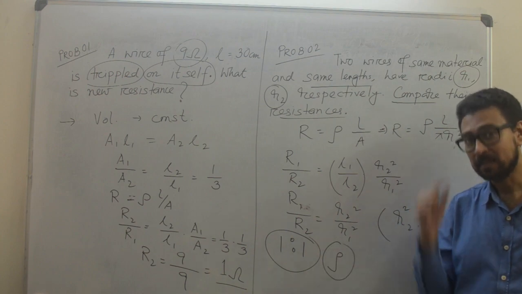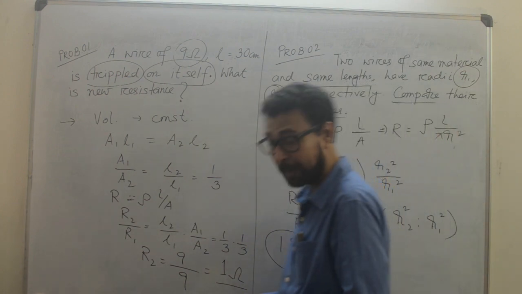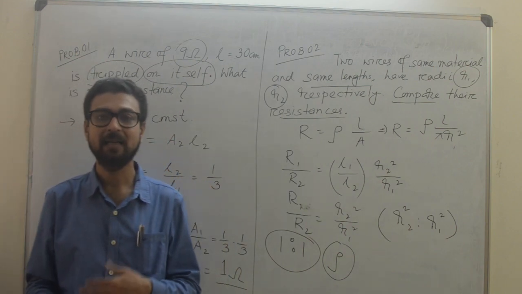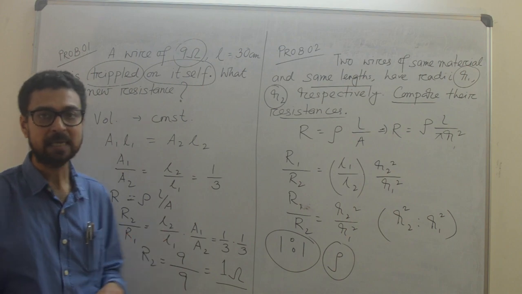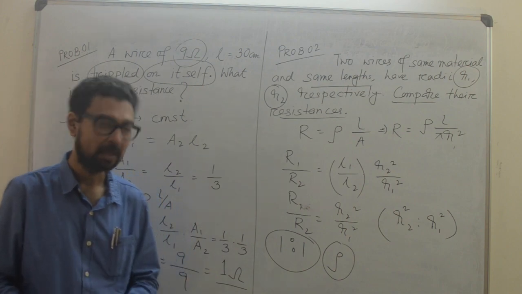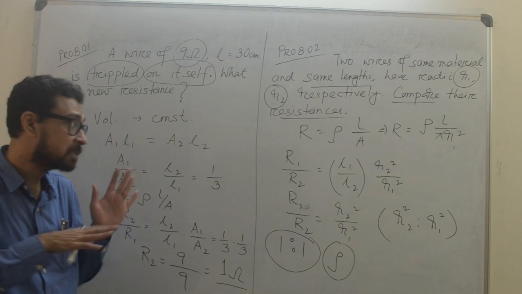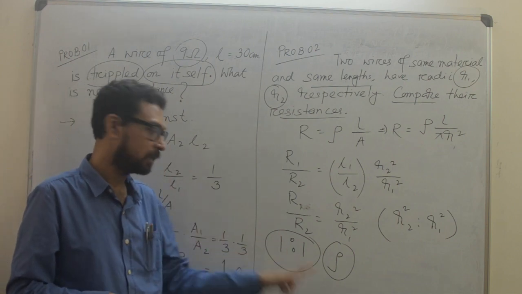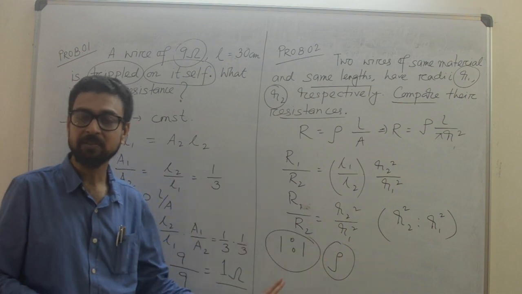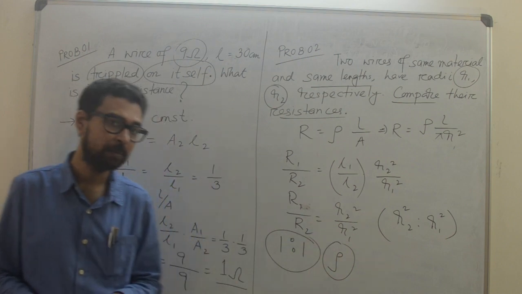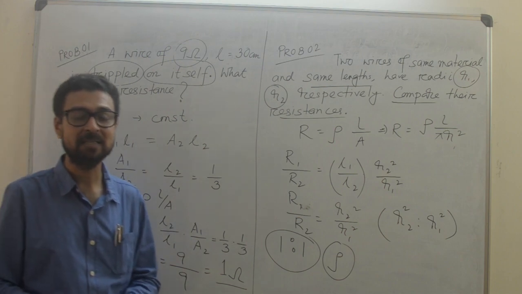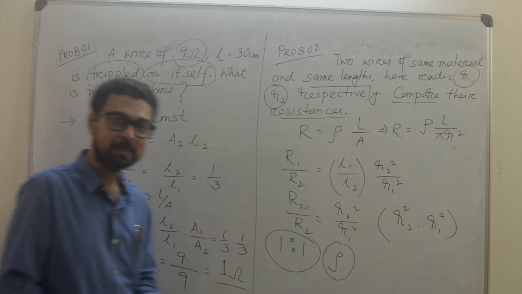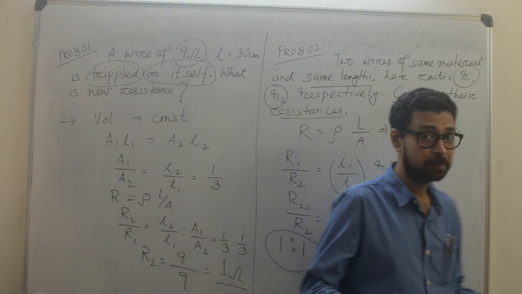Resistivity does not depend on the physical dimensions of the conductor, that means length, area, all these things. Resistivity is independent of all these factors. So if they ask to compare their resistivities, not resistance, it will be 1 is to 1 because same material means same resistivity. Alright, so these are the sums that we have done, and hope you have understood.